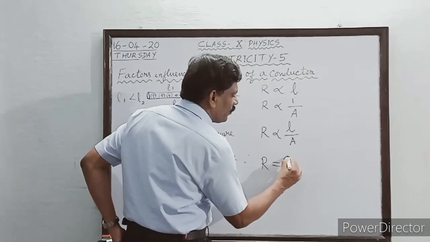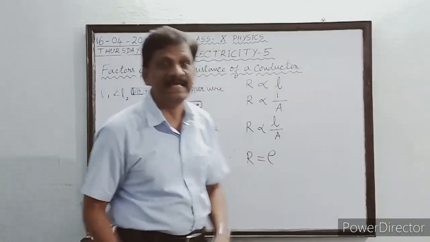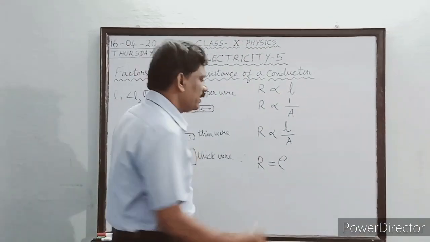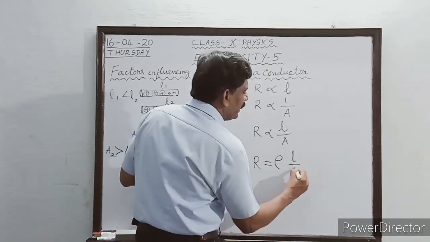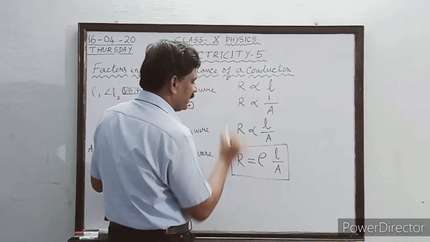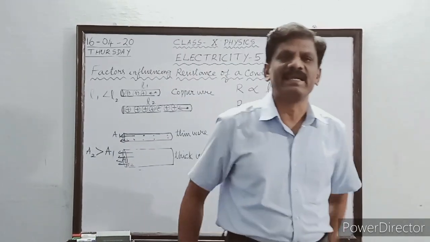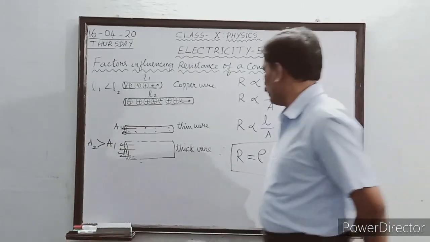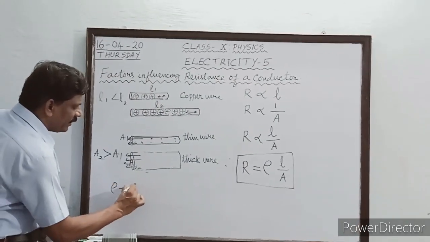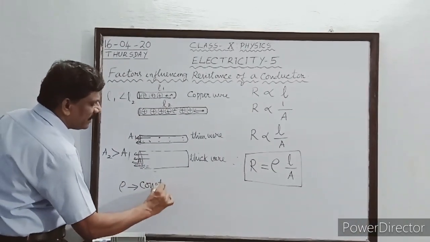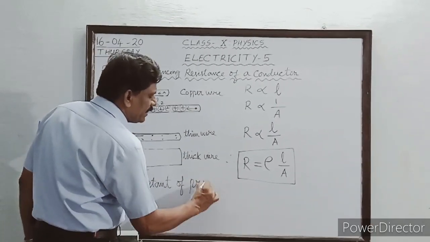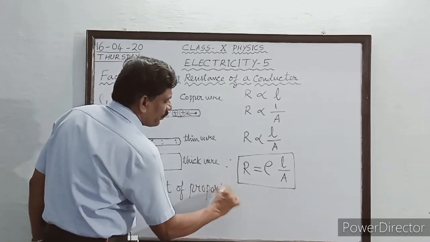This constant of proportionality is denoted by the Greek symbol rho, R-H-O, into L by A. So R is equal to rho L by A is the final expression for the electrical resistance, where this constant of proportionality rho is defined.